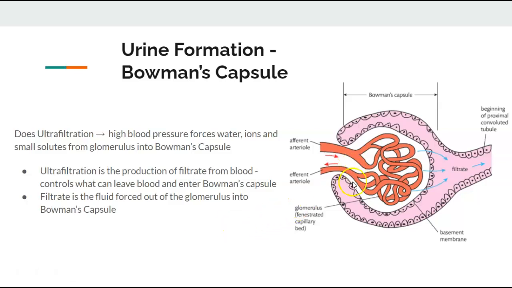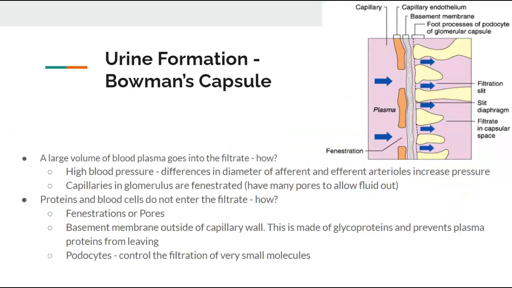And this whole area with the basement membrane and these tiny cells, this fenestrated capillary bed, okay, that means that it has holes in it. All of that is controlling what is actually leaving the blood and what's staying within the arterioles.